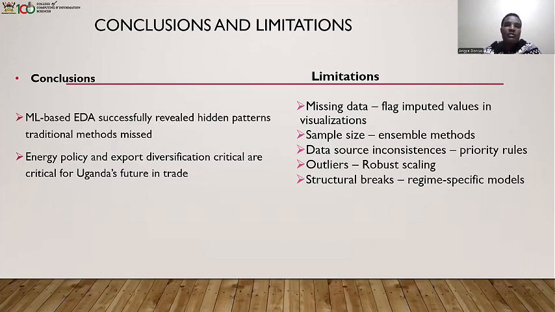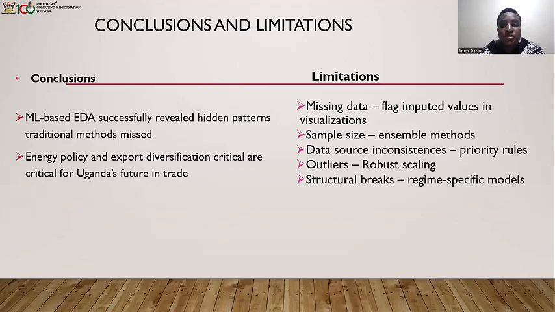Next we have the conclusions and limitations. The conclusions: machine learning-based EDA successfully revealed hidden patterns that traditional methods missed. Energy policy and export diversification are critical for Uganda's future in trade.